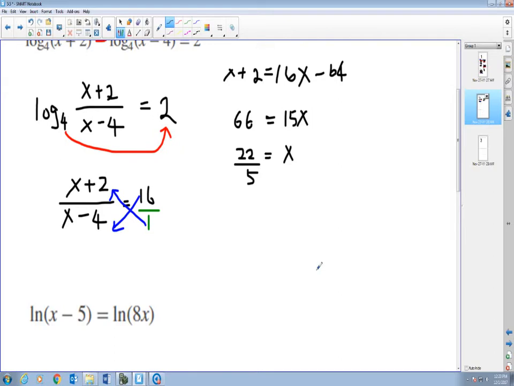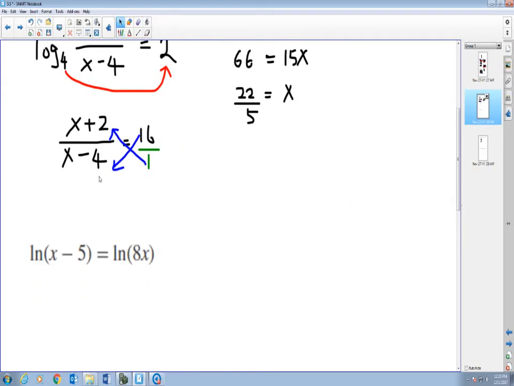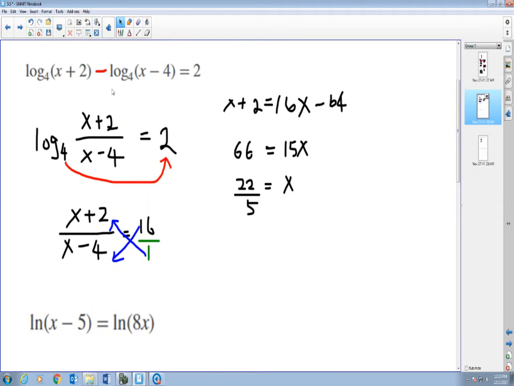Remember, I keep saying natural log is the same as a log. The difference between the problem up here and this one is that in this one, both terms contain a logarithm or natural log, whereas in the one up there, one term does not have a log. When one term doesn't have a log, you can convert to exponential.